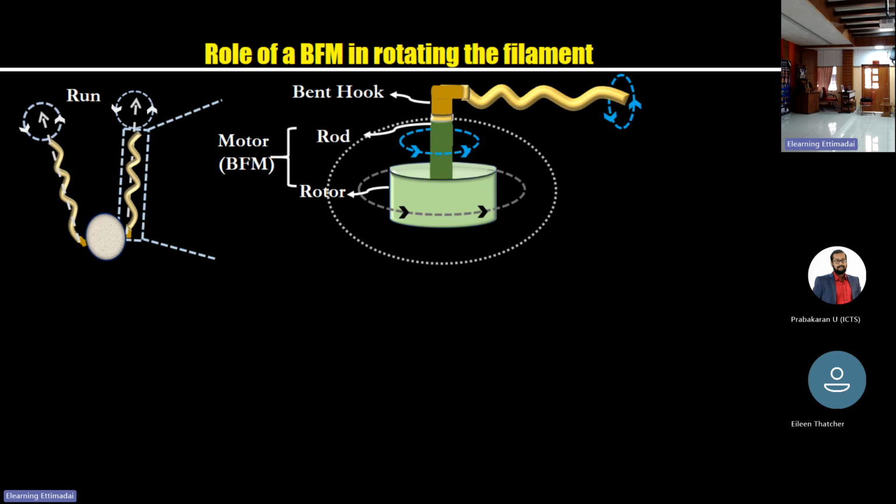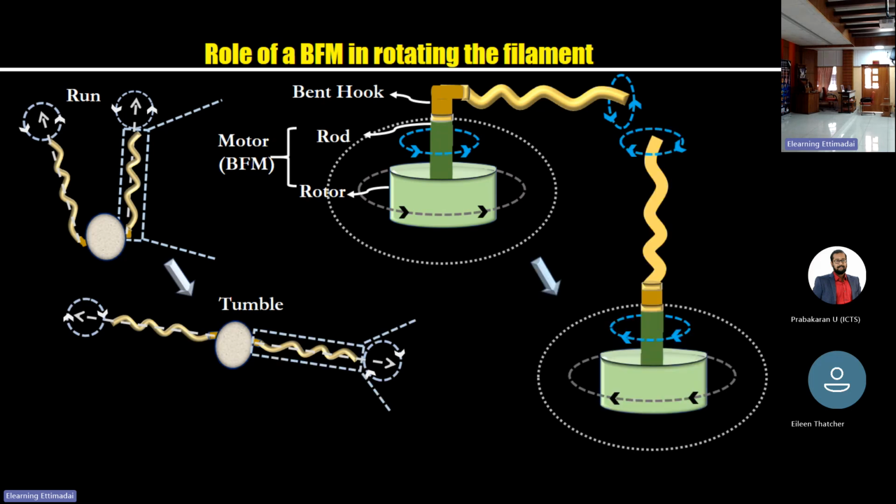Now, why does this rotational transformation occur? In the tumble mode, the filament becomes straight and changes its rotational direction. This is due to one phosphoregulator signaling protein, CheY-P. It binds at the lower portion of the motor, which is usually the FliM and FliN protein.